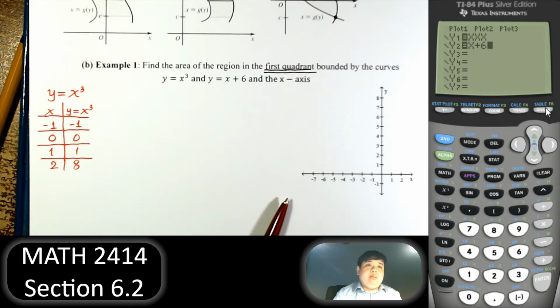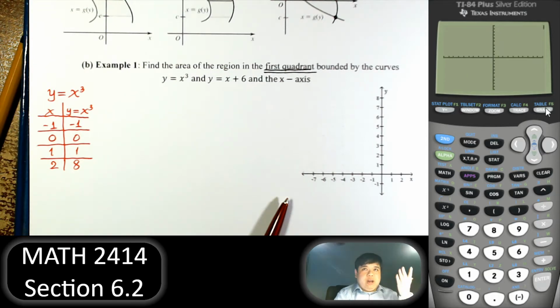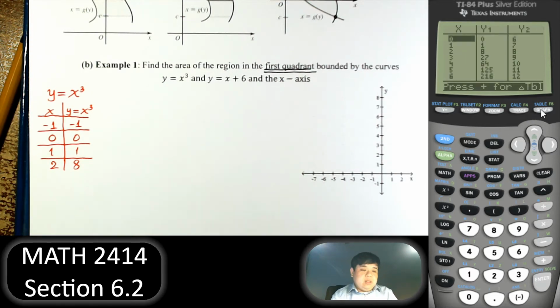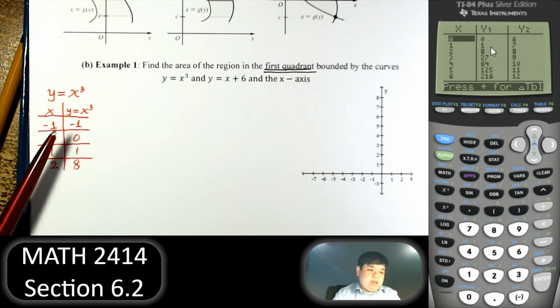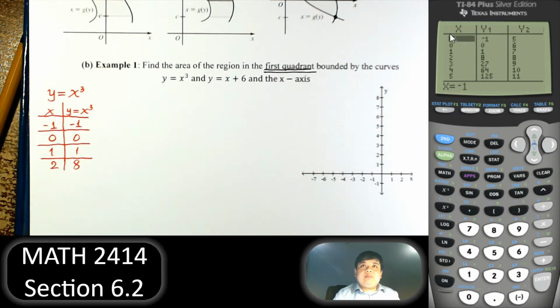Of course we have the graph too, but let's look at the table. So second table, of course we have those values. Notice that this is the area in the first quadrant only, and that's very important.